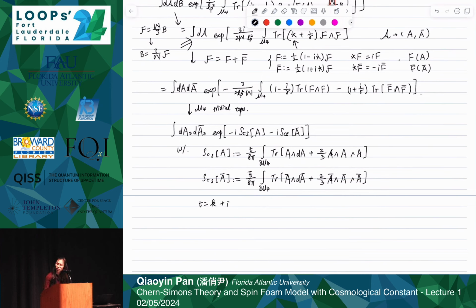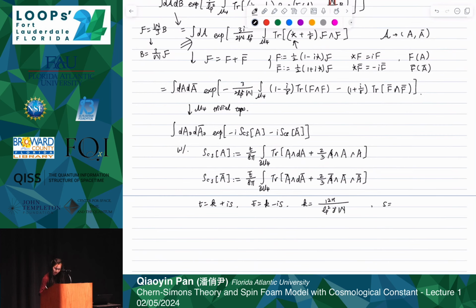And if you figure out the coefficient carefully, then you find that k equals 12 pi over Planck length squared, gamma, which is the Barbero-Immirzi parameter, and the absolute value of lambda. And s equals gamma times k. And actually, there's some restriction for the real part of this coupling constant.